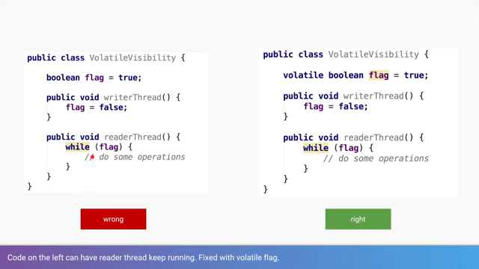It will go into an infinite loop and keep working. To fix this, we can use the memory model rule and introduce the keyword volatile. Once we have it as volatile, any write operations on the flag have to be flushed into the shared cache and have to be picked up by the reader thread, and that is when the reader thread operations will stop.